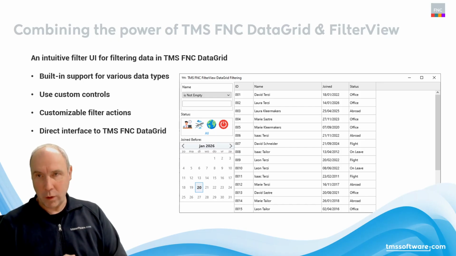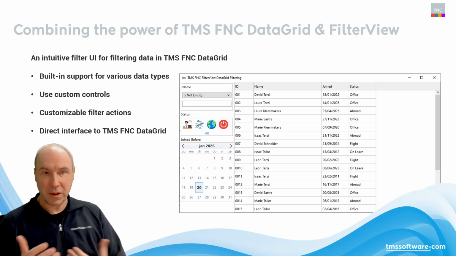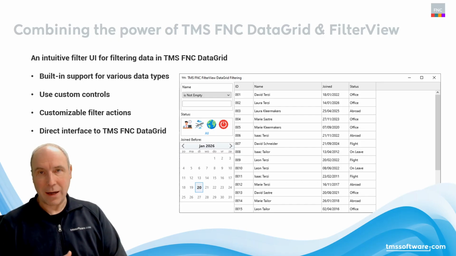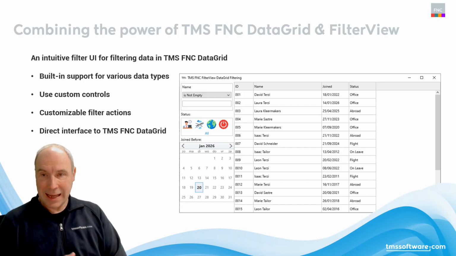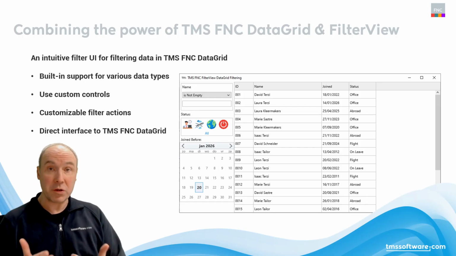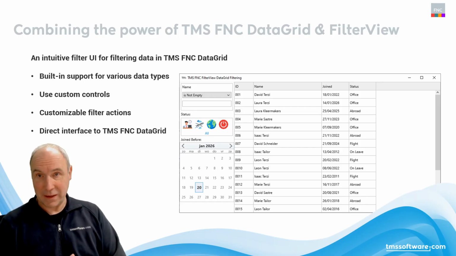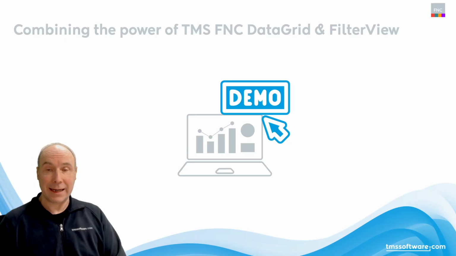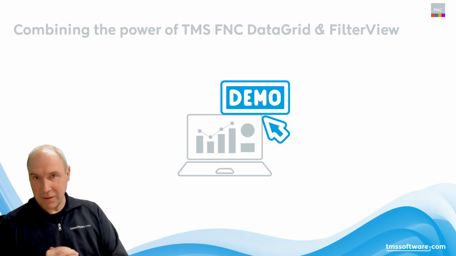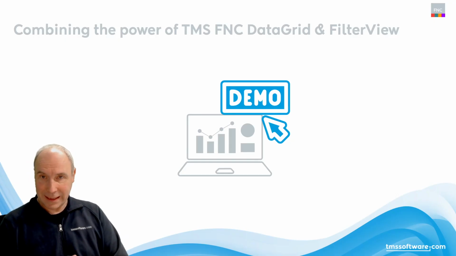We will show you how you can use it with different data types, how you can also use custom controls for your filter actions, and how you can set up your own customizable filter actions, and everything will go almost codeless with interfacing to the FNC data grids. Come with me in the Delphi IDE where I show you an example of combining the data grid with the filter view.